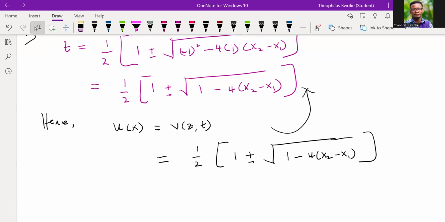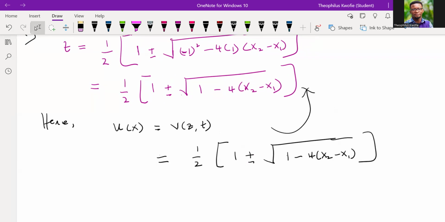Now, we can look at something really important here. We can really sort out one or two things over here, which I believe is important. You can see that when x1 and x2 are the same, something really happens.